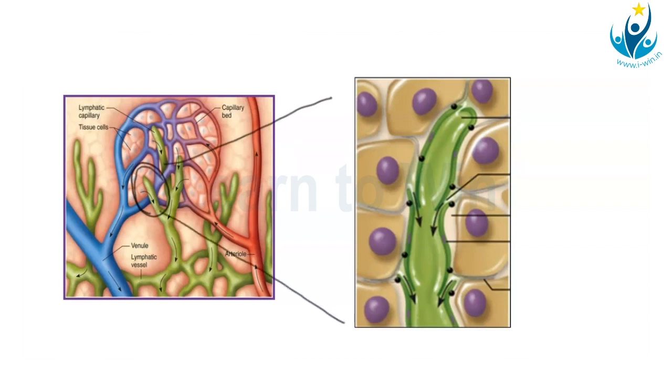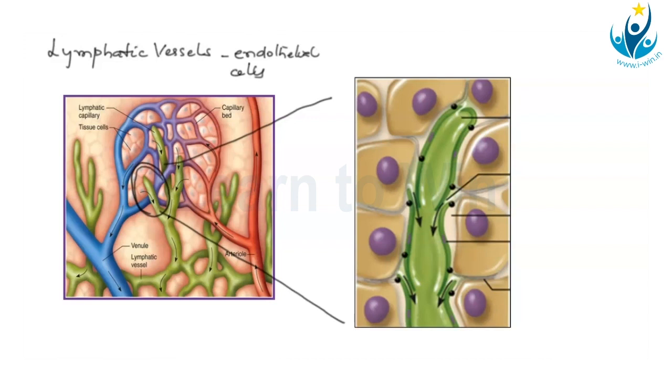This lymphatic vessel is just like a blood capillary and is also made up of normal endothelial cells.